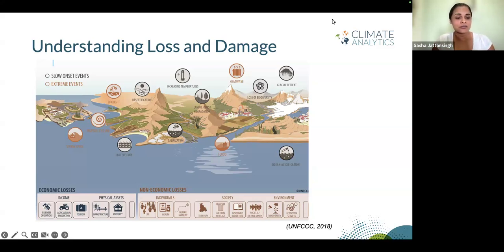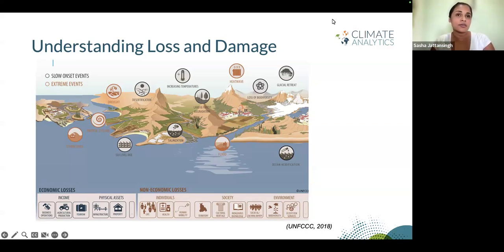So economic losses could be loss of income due to loss of business operations, loss of agricultural produce, and so on. Or it could be loss and damage to physical assets, like infrastructure or property.